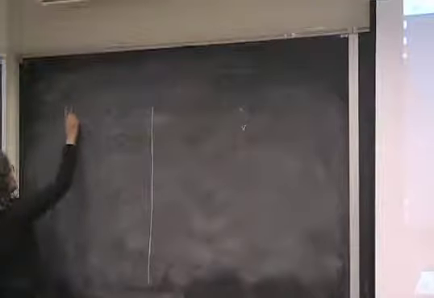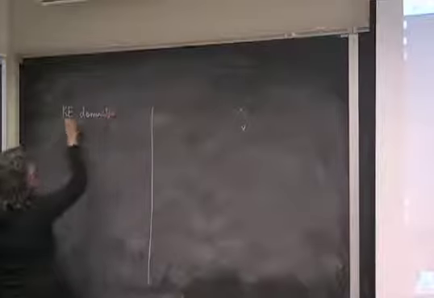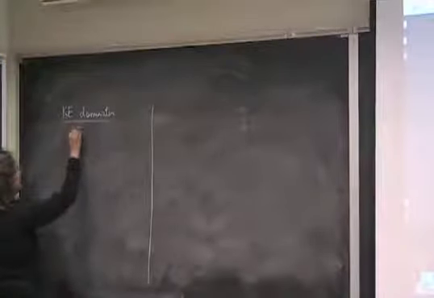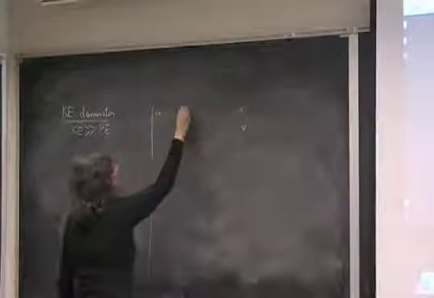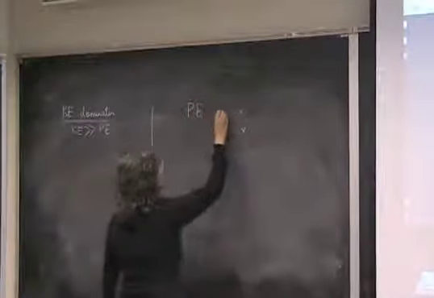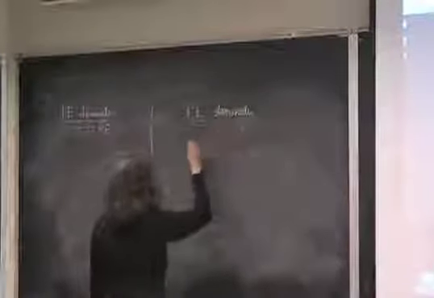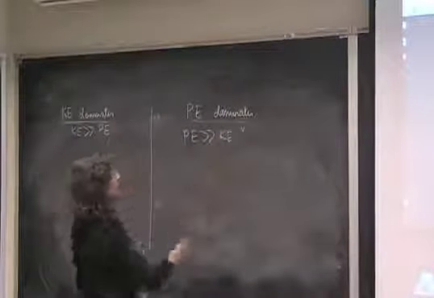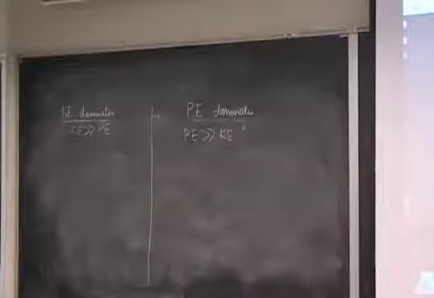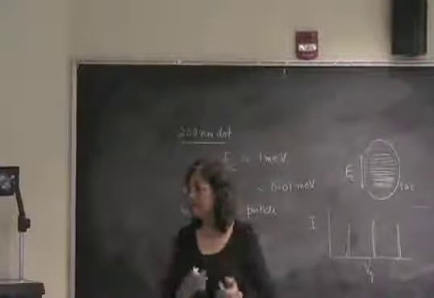Suppose kinetic energy dominates, so this is kinetic energy much bigger than potential energy. And on this side, potential energy dominates, so potential energy is much bigger than kinetic energy. The question is, how do you think about states? When you say, this is the state of my electrons, how do you think about it?